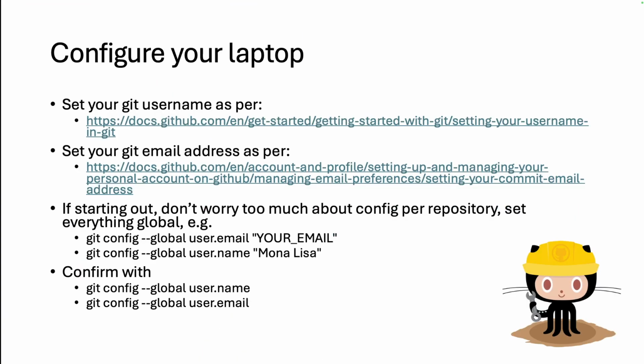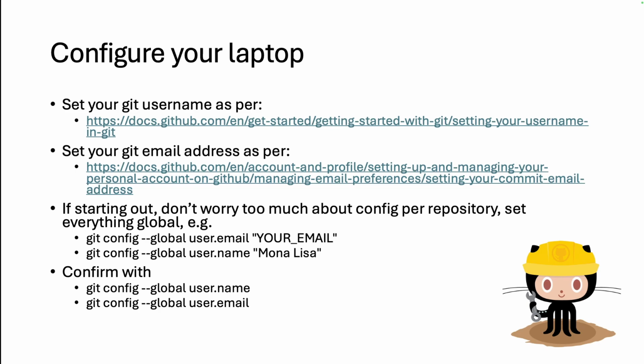So once you do configure or install Git, there's a couple of steps to configure your laptop. And I've just put some links here for you to do that. We haven't touched GitHub yet. This is all local to your laptop. So set up your Git username as per Getting Started with Git.